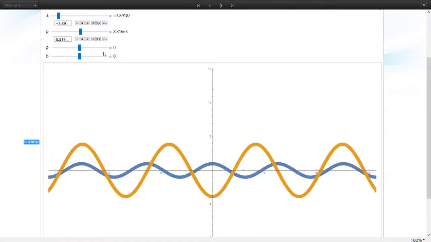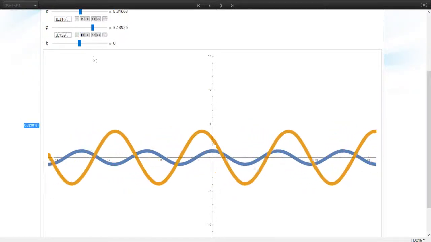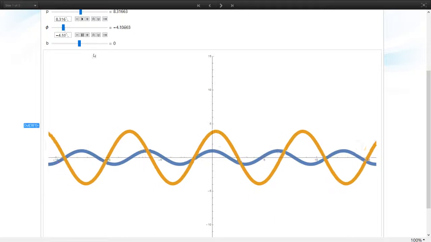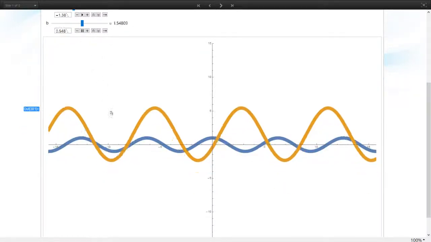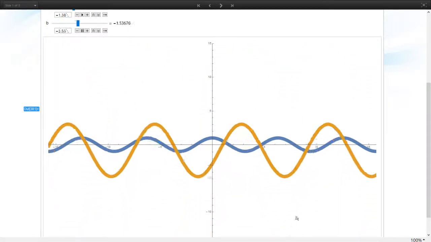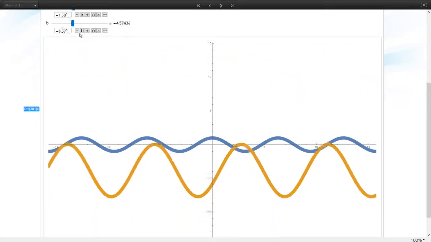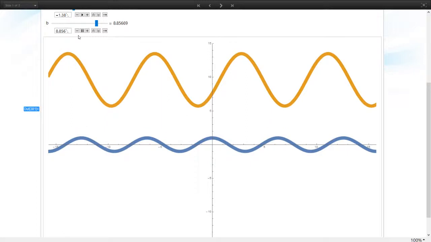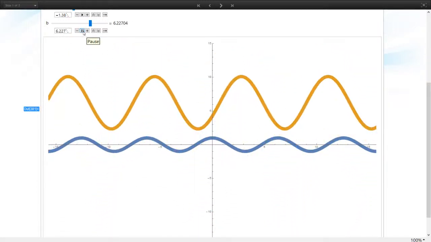We can change the phi, which is what's called the phase shift, and b is what we call the offset. So we can change all of these variables and graph the curve wherever we want, basically on this graph, using proper A, B, phi, and P on our generalized cosine curve.